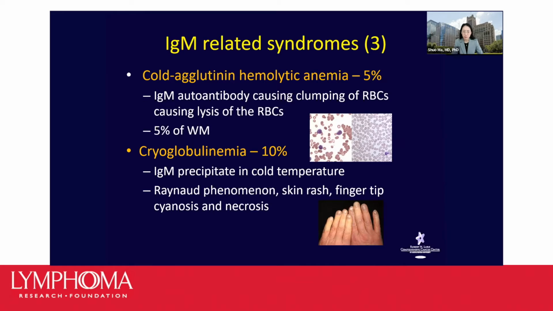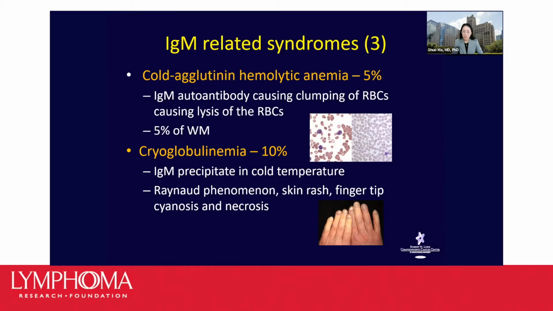Another cold-associated IgM-specific syndrome is called cryoglobulinemia. In this case, the protein forms a complex that deposits in various tissues, causing inflammation of the tissue. That can cause vascular inflammation, resulting in a specific type of skin rash or sometimes joint pain and joint inflammation.